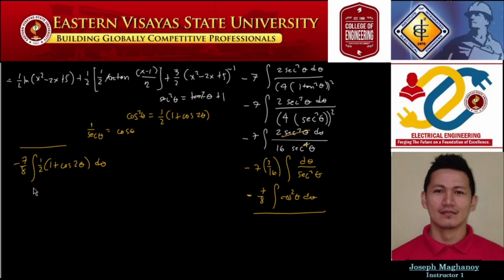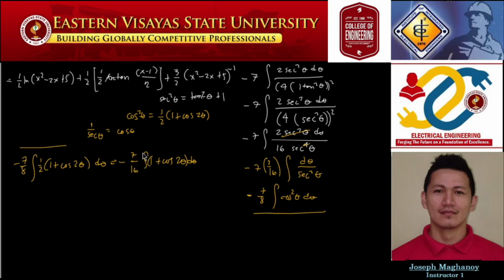Okay, what's next? So we carry out real number constant again. So we have 1 half. So that is negative 7 times 1 half, that is negative 7 over 16. Integral of 1 plus cosine 2 theta d theta. So we apply property number 1 and 2. We distribute the integrand including the real number constant, negative 7 over 16.